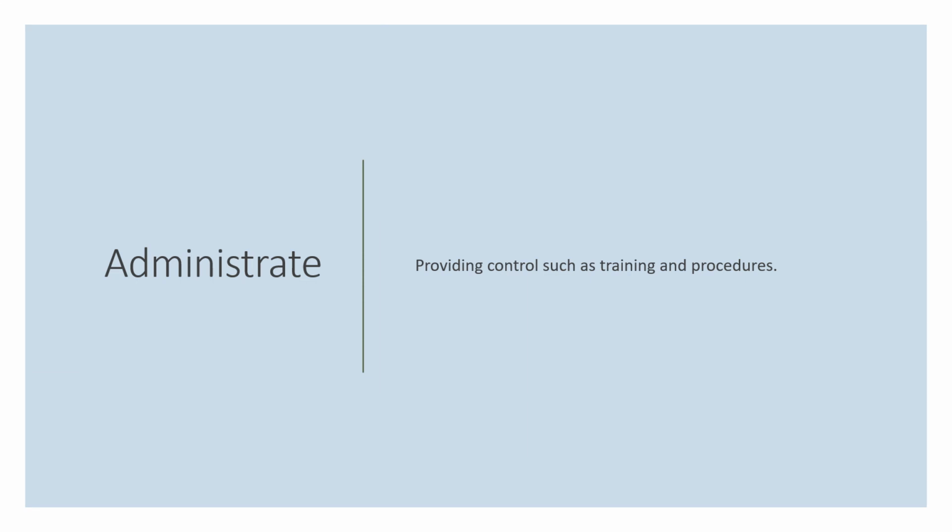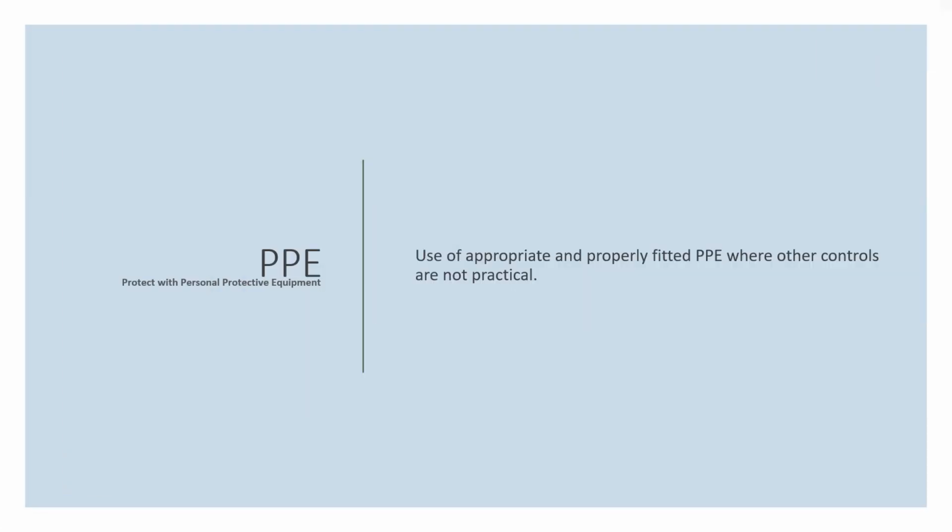You can administrate the risk by providing controls such as training and procedures. And finally, you can use appropriately and properly fitted PPE where other controls are not practical. Now, we understand that PPE is mandatory, and we always want to protect people with personal protective equipment.